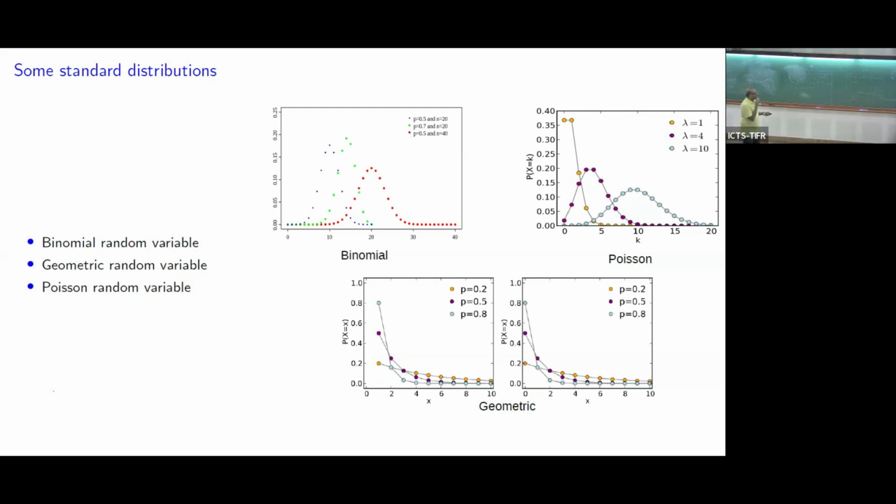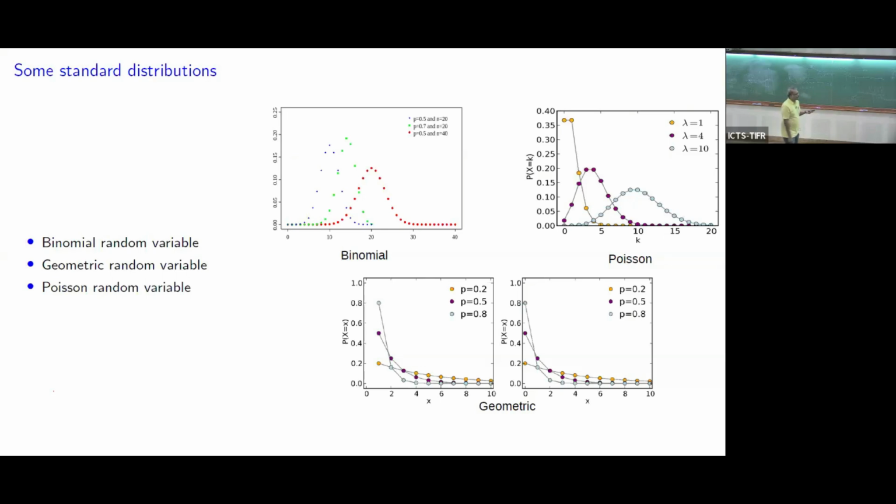So there are some standard random variable distributions that we use. These are some examples of discrete random variables with standard distributions. What these standard distributions give you is a formula for the probability mass function, which is parameterized.